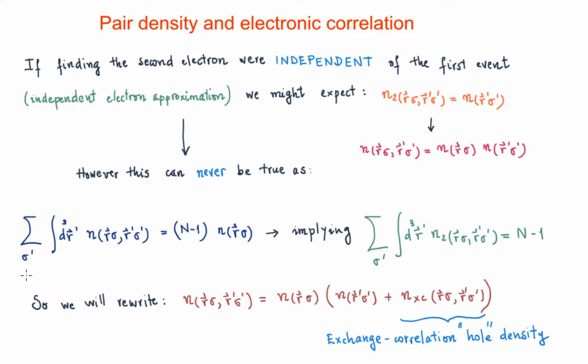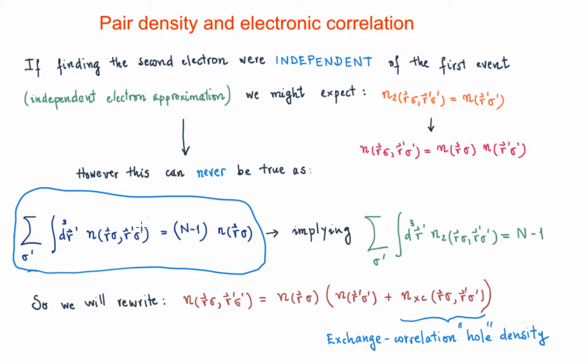For example, this is one of the sum rules that the pair density satisfies, and it's very interesting to check. You should check it. The integration over R prime and the summation over sigma prime of the pair density is just n minus 1, where n is the number of electrons, times the spin density of sigma spin state at point R. That's one of the sum rules.